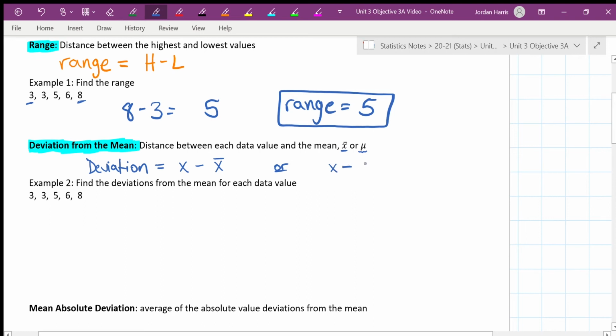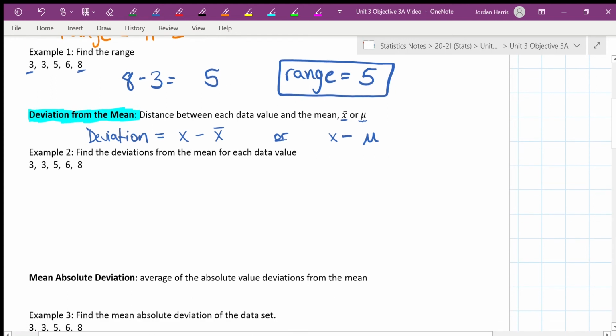Notice it's actually the same formula. It's just which type of mean we're talking about. We take each value and subtract the mean. That means we have to find a mean, first of all.